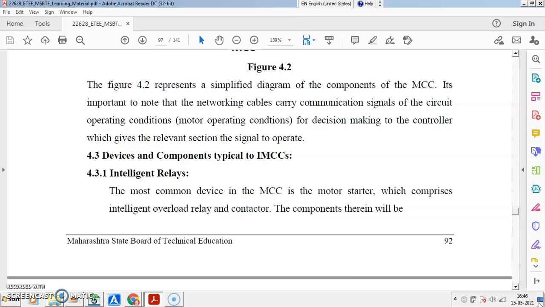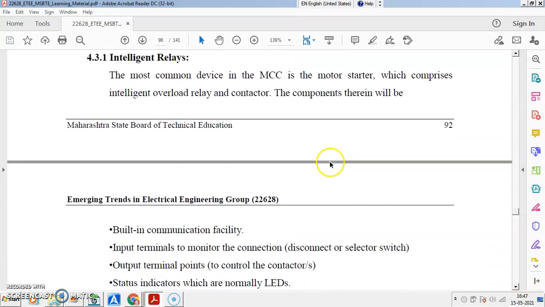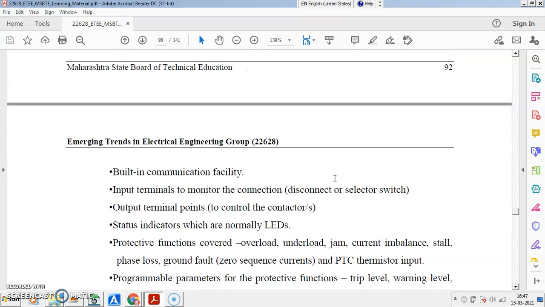The most common device compares the overload relay and contactor, and the component there is particularly inbuilt with communication facility. This intelligent relay is inbuilt with communication facility. It has input terminals to monitor the connection, either to disconnect, or it may have a selector switch also. Output terminals or points to control the contactor.